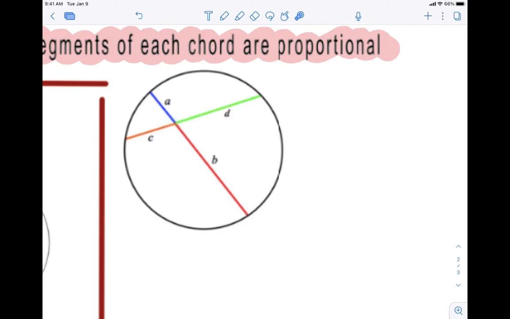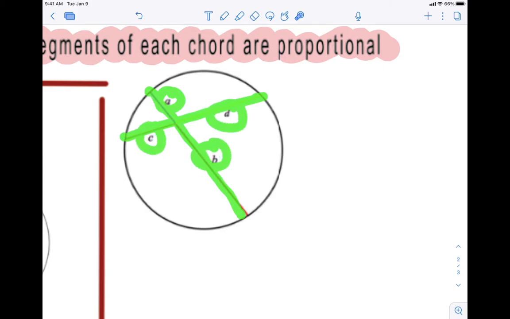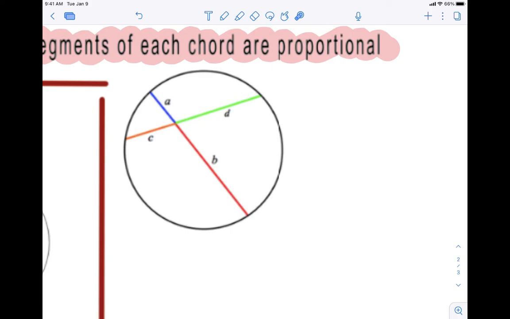And when that chord crosses with this chord, it created 1, 2, 3, 4 separate segments. A blue segment, a red segment, an orange segment, and a green segment.